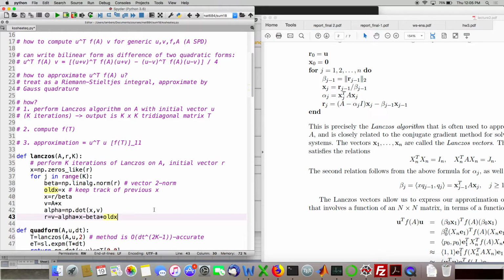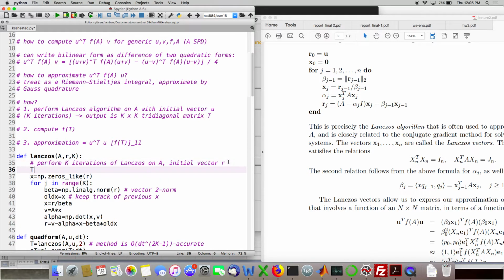The only thing that's missing is, as I compute these alphas and betas, I need to store them in the matrix capital T. So I'm going to create T up front. Make a 0 matrix of size k by k.